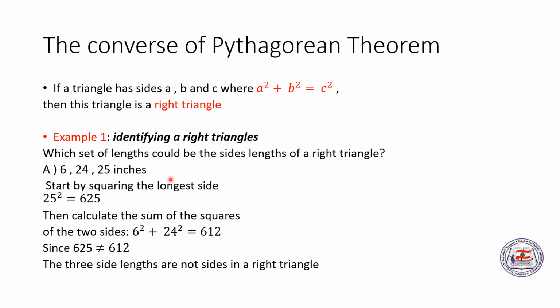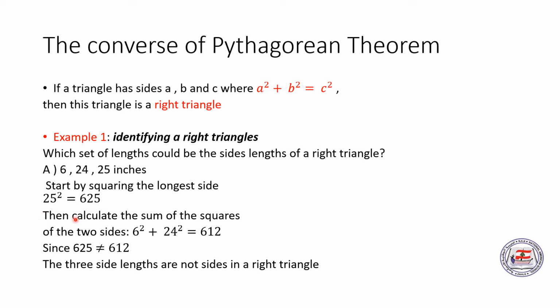Part A, 6, 24, 25 inches. To identify if the three sides represent the sides of a right triangle, we should start by squaring the highest value, our longest side, which is 25. So 25 squared is equal to 625.